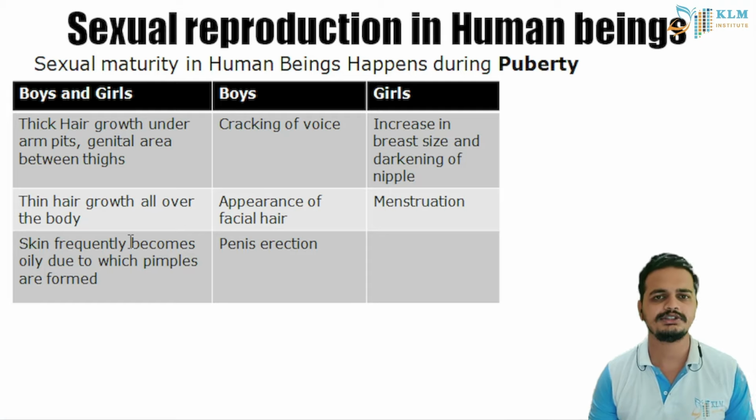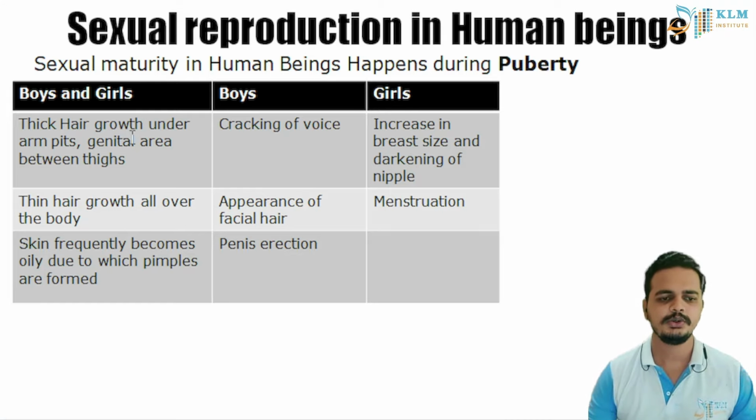It does not have to happen at the exact same time for everyone. It varies from person to person. During this, the changes we can see are listed in this table. This process is known as puberty.